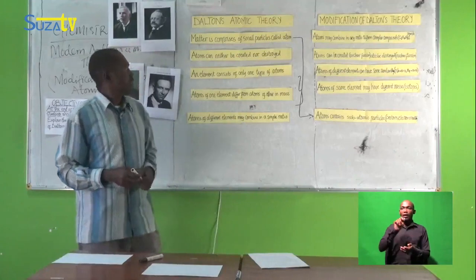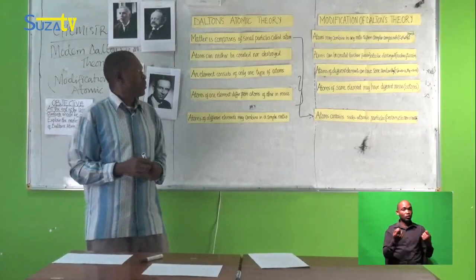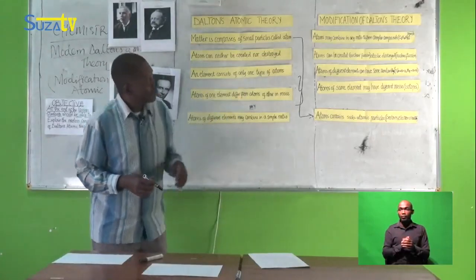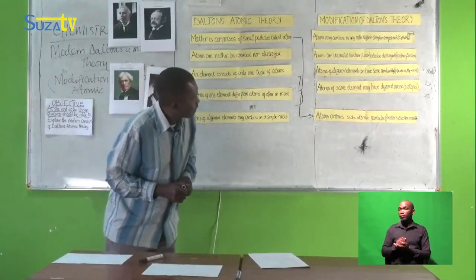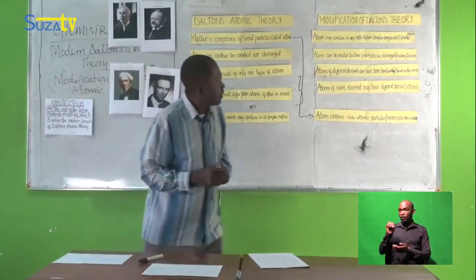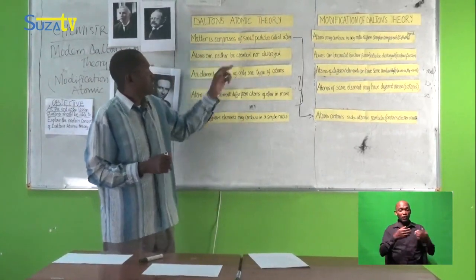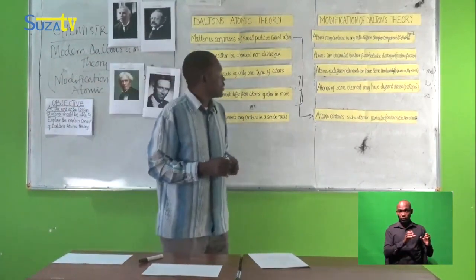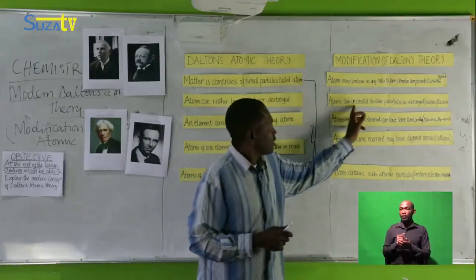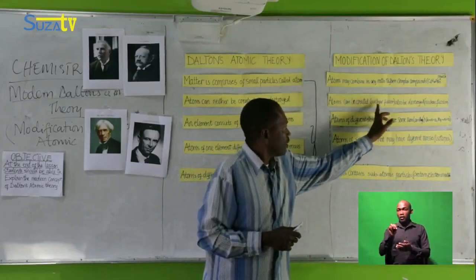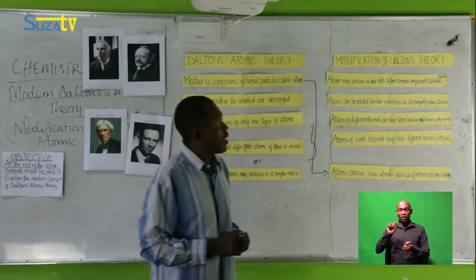Atom can neither be created nor destroyed in a chemical reaction. So, according to the first modification, we say that atom may combine in any ratio to form complex compound. This one is about creation and the way it could be destroyed. The second one, atom can be created by nuclear fusion, also be destroyed by nuclear fission.